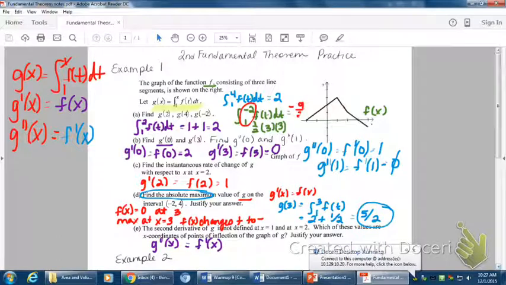The points of inflection of g are where the second derivative is 0 or undefined and changes sign. They're telling me the second derivative is undefined at 1 and at 2, and that makes sense because there are sharp points there.